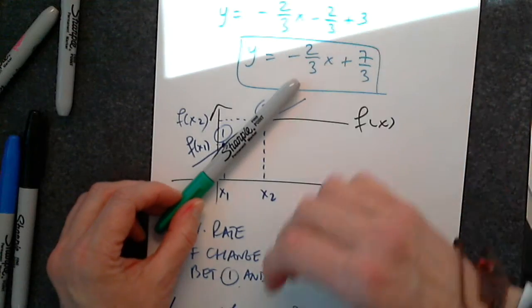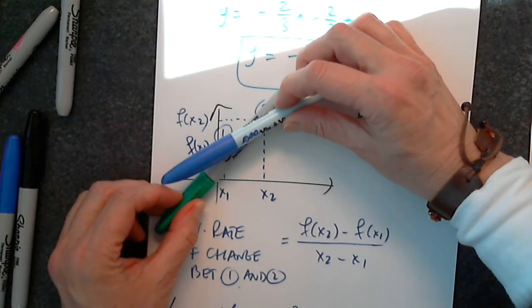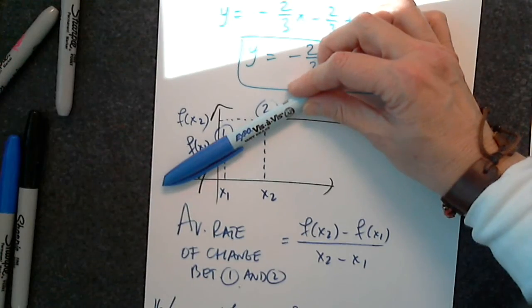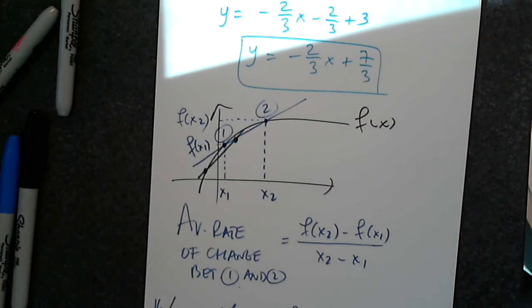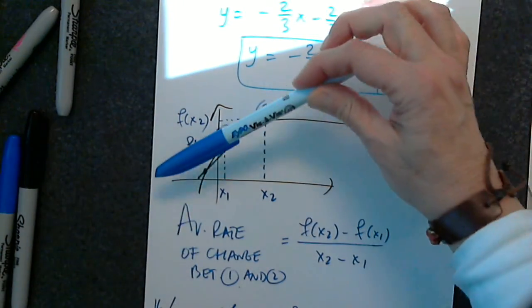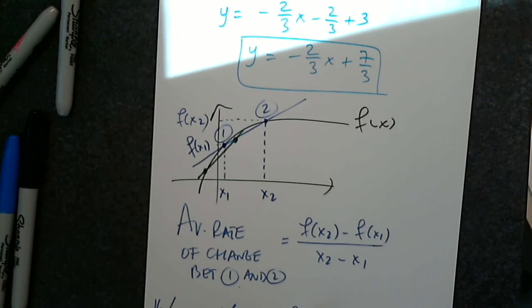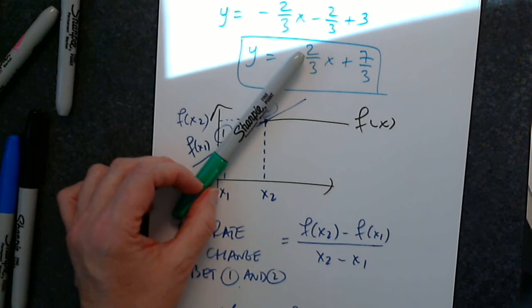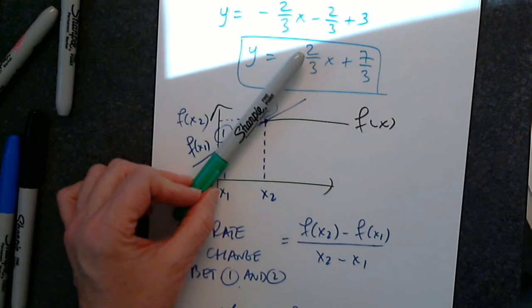This one is higher than this one, or the other way around? Which one is higher? The green line or the blue line? Right. It's a steeper slope, higher slope. This one is a higher average rate of change.